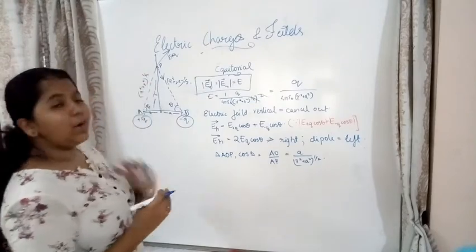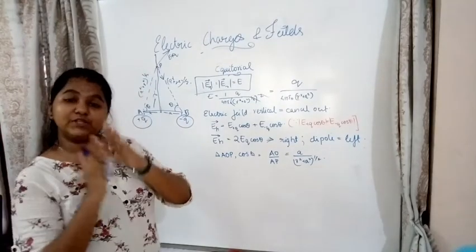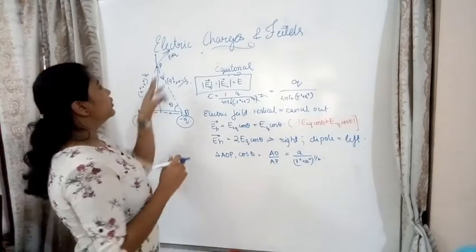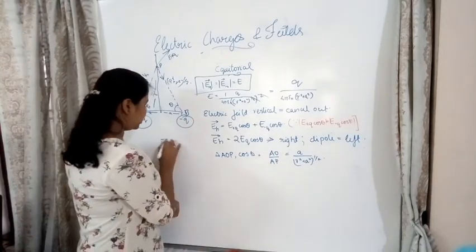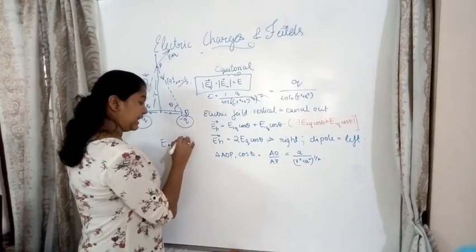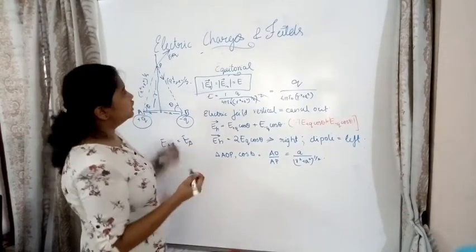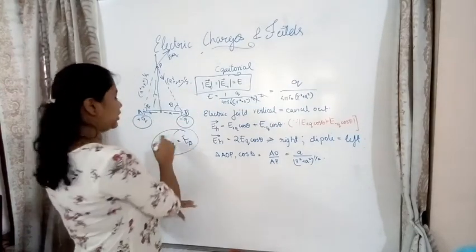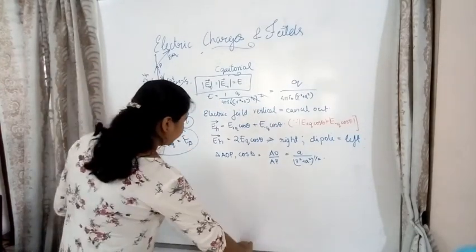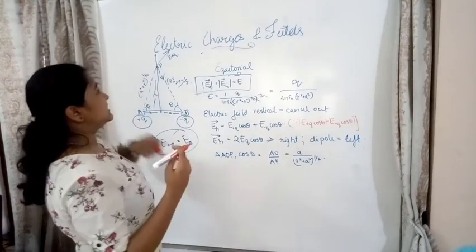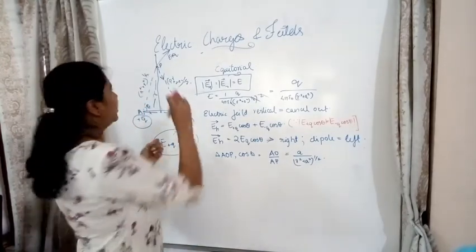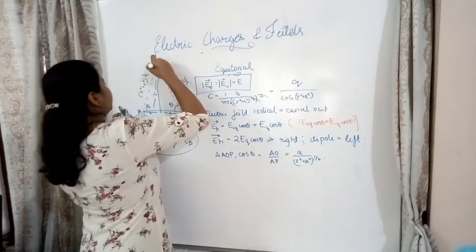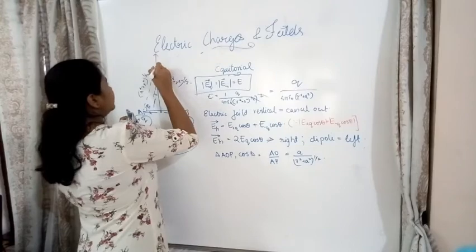Now we are going to split it into its components. We will represent E plus Q as, let's say, E A, just for this moment. When you split E plus Q, it would split like this and this.